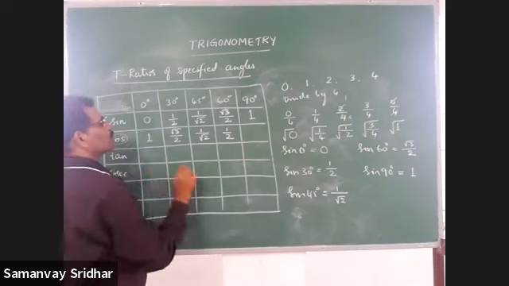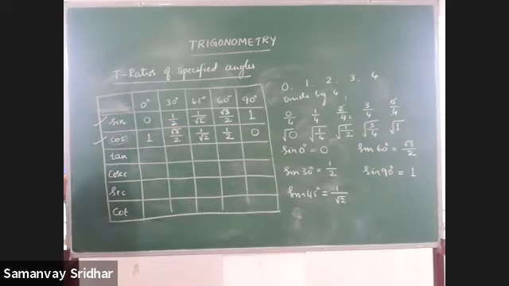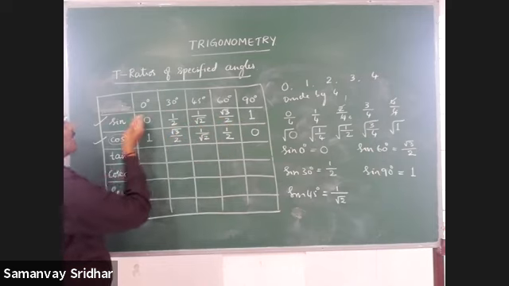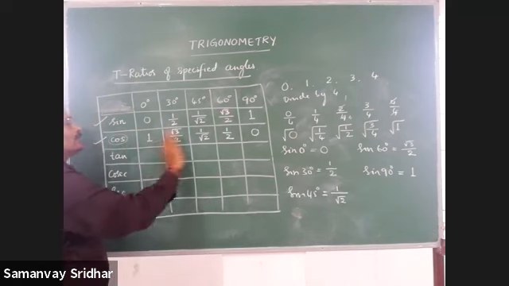And whatever I wrote for sine 0, I write that for the cos 90. Just I wrote in the reverse order, that's all. So 0, 1 by 2, 1 by root 2, root 3 by 2, 1 we got for sine 0, 30, 45, 60, 90. Just I wrote in the reverse order for the cos.